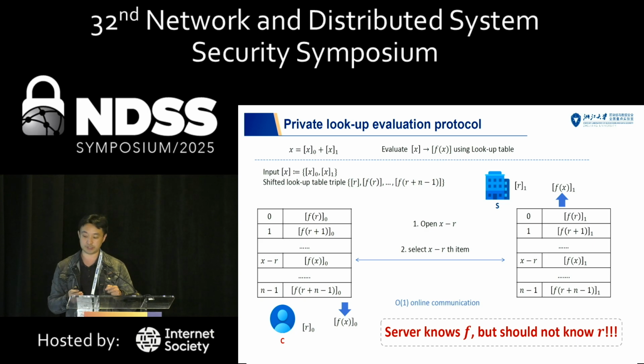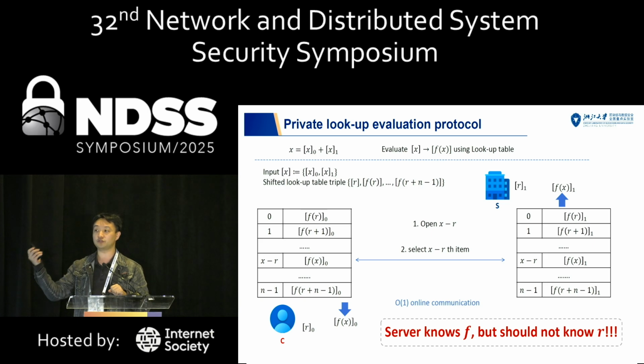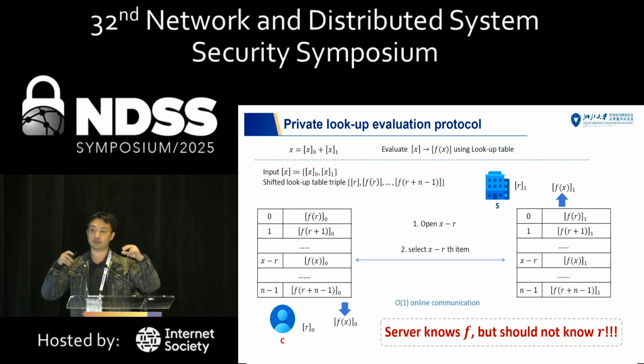What we do is we assume there's a server that knows the model, which means it knows the function f. There's a client who needs to evaluate the function on his private data x. He wants to compute f(x). So the server knows f, the client knows x. In the offline phase, they permute, that's not a good word, they cyclically shift the table by R positions, and share it.